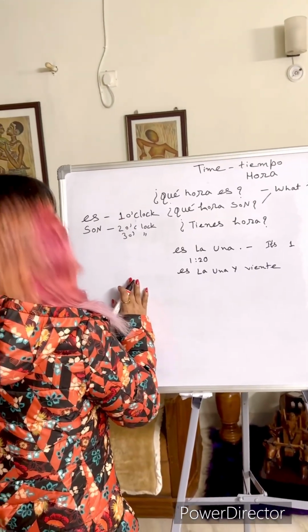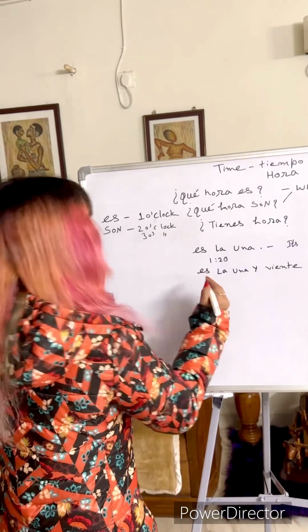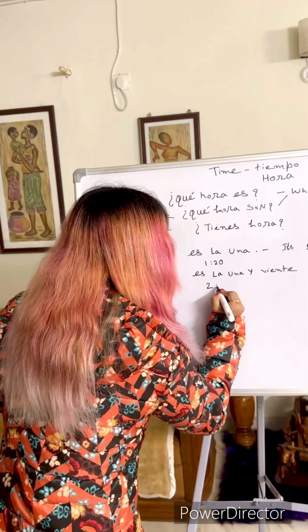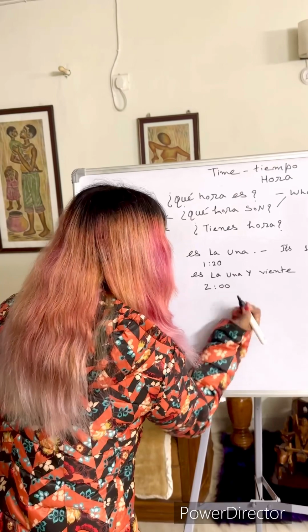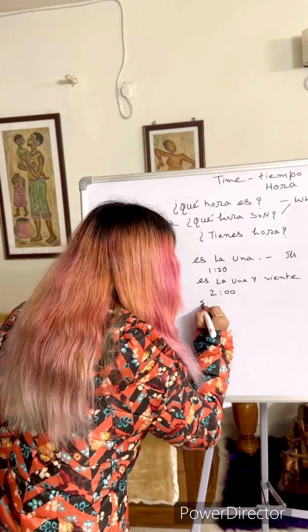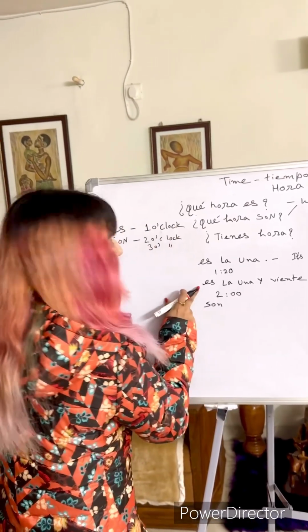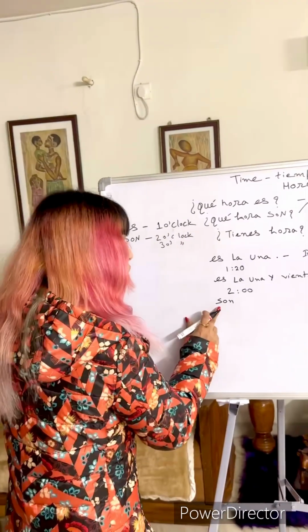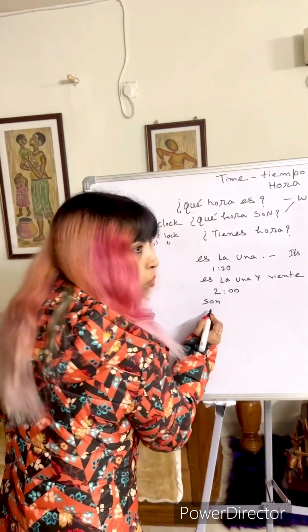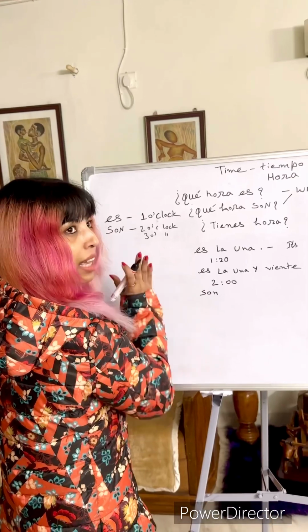But what if the time is 2 o'clock? Then you are going to say son, not es. Es is only for singular number. So son, the third person plural form of the ser verb.